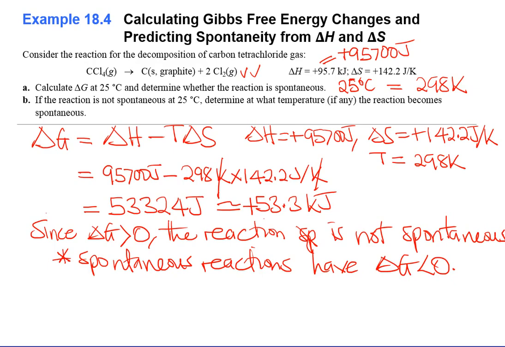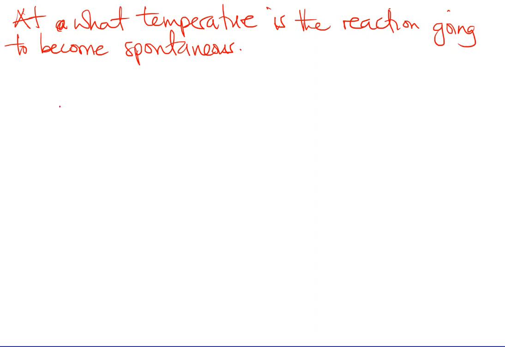So first of all, I am going to say delta G is equal to delta H minus T delta S. Now, the temperature at which the reaction will start becoming spontaneous is when the delta G is 0.